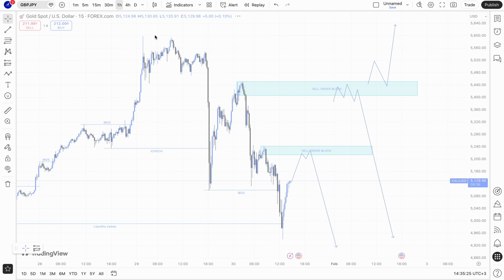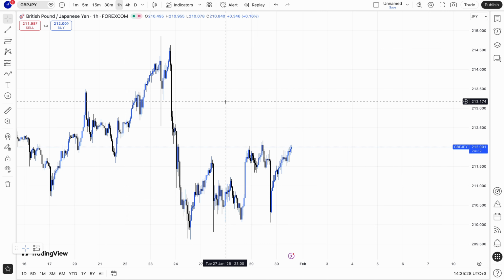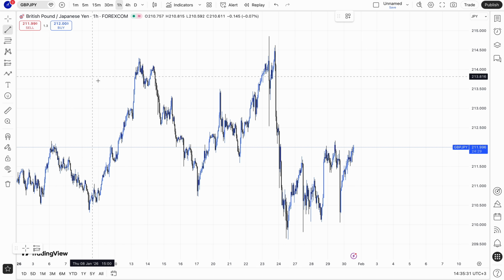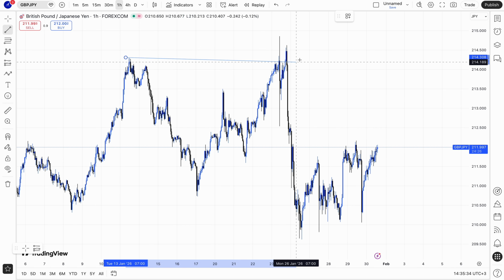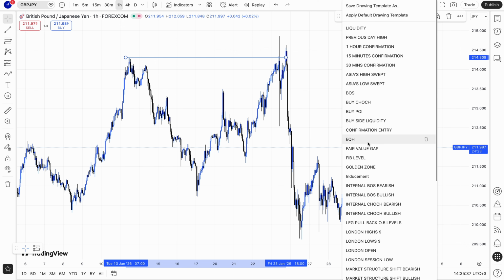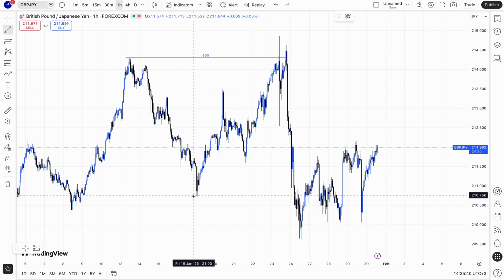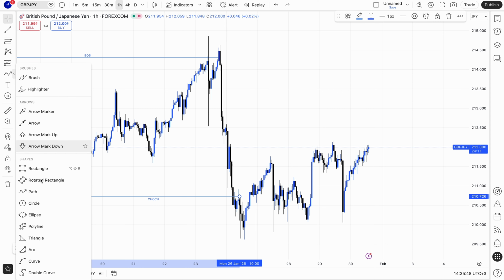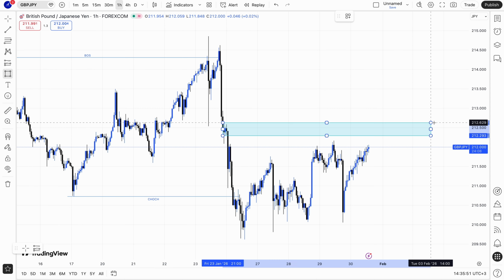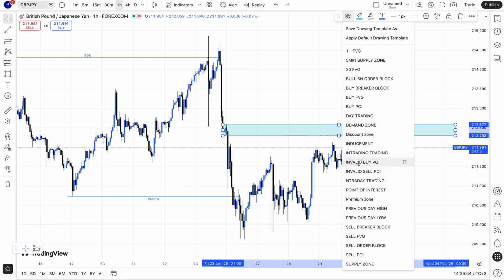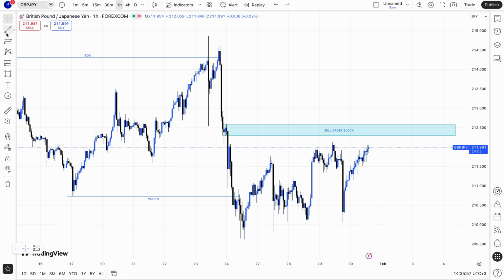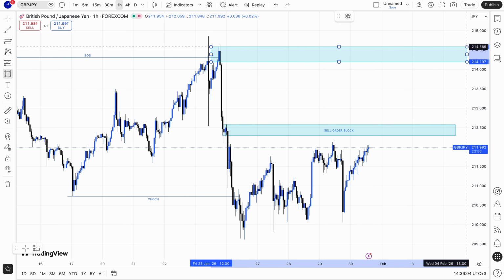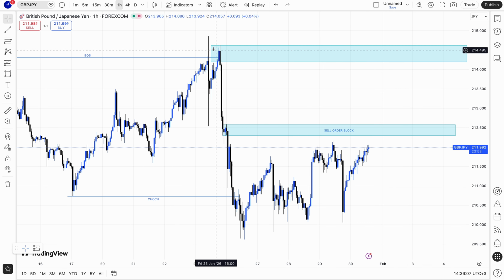Then we have this, still the same thing, and our break of structure to the upside, then change of character to the downside, then have our first order block, sell order block, then have our second sell order block.